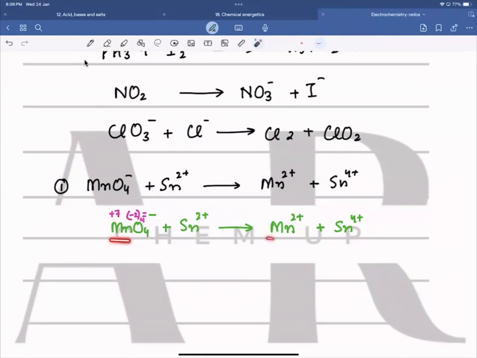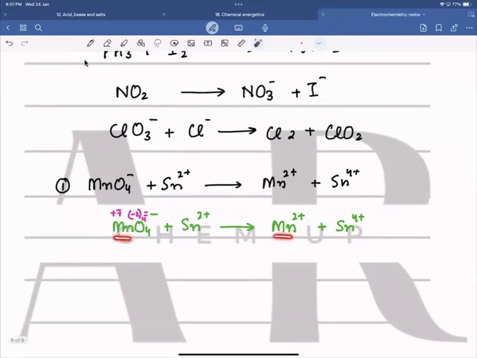Both are just one, right? Yes, sir. So it means Mn is balanced and its oxidation number is changing. If you look at tin, tin is balanced because both sides have 1 and 1 tin, right? So these elements whose oxidation numbers are changing are balanced. Now what is the next step after this?